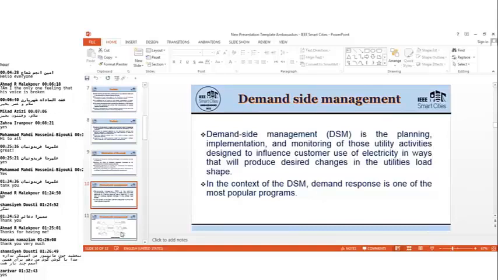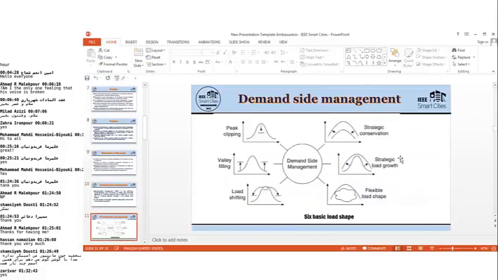In the context of DSM, demand response is one of the most popular programs. In the next slide, because we want to concentrate on demand response, we better talk about it.